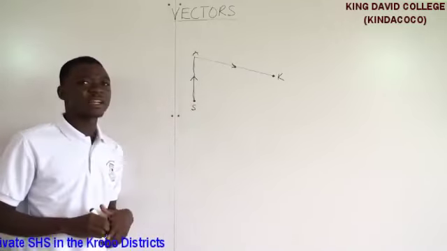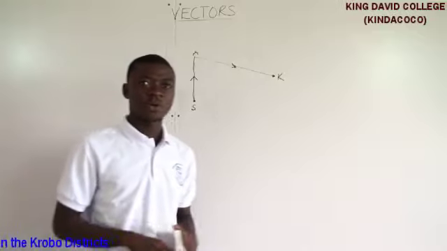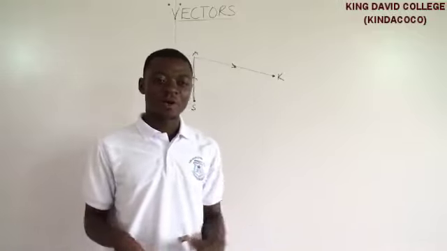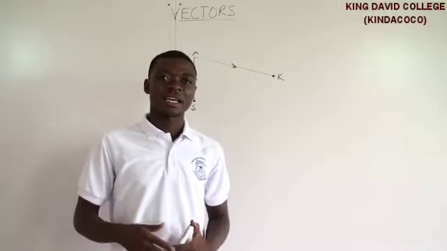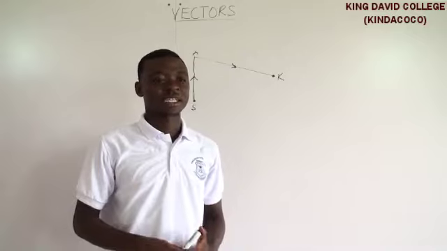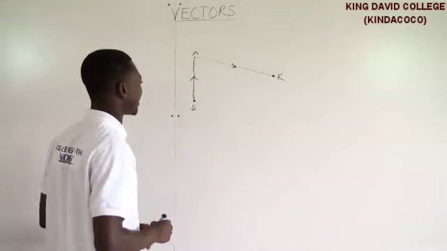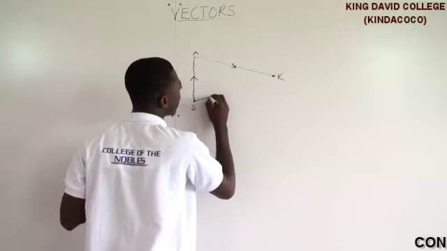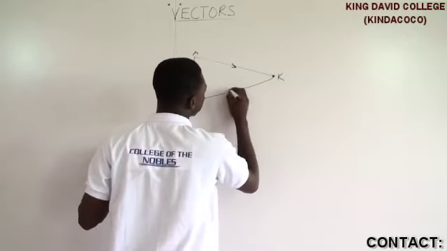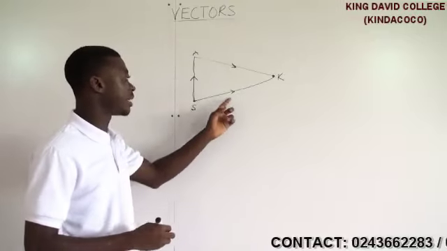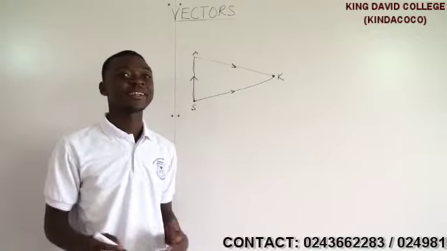Then the other person says, why do I need to pass through this whole stretch whilst I can just stand at Somanya and get a straight Kumasi car? Maybe that one will not get VIP. This guy wants VIP, but this one doesn't want VIP.